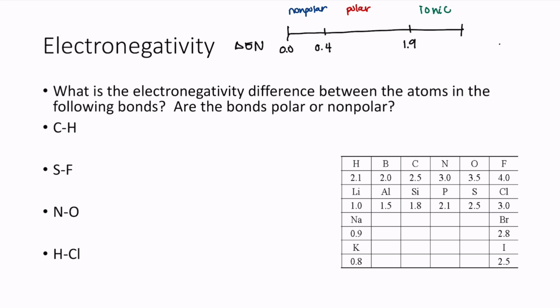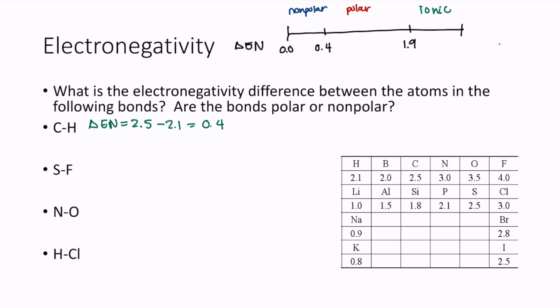If we look at our example of C-H, the electronegativity for carbon is 2.5, and the electronegativity for hydrogen is 2.1. I can calculate my delta EN. It is going to be equal to 2.5 minus 2.1, which is 0.4.